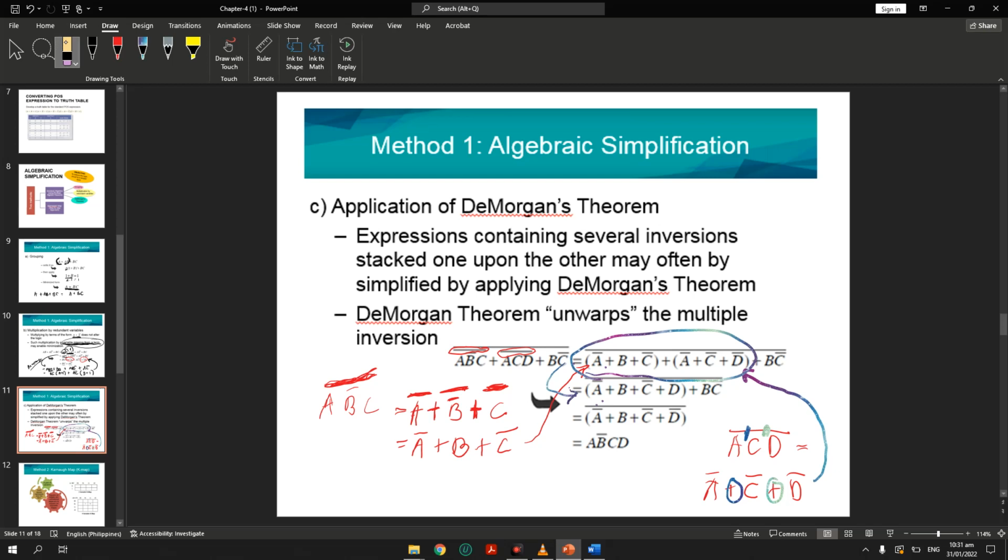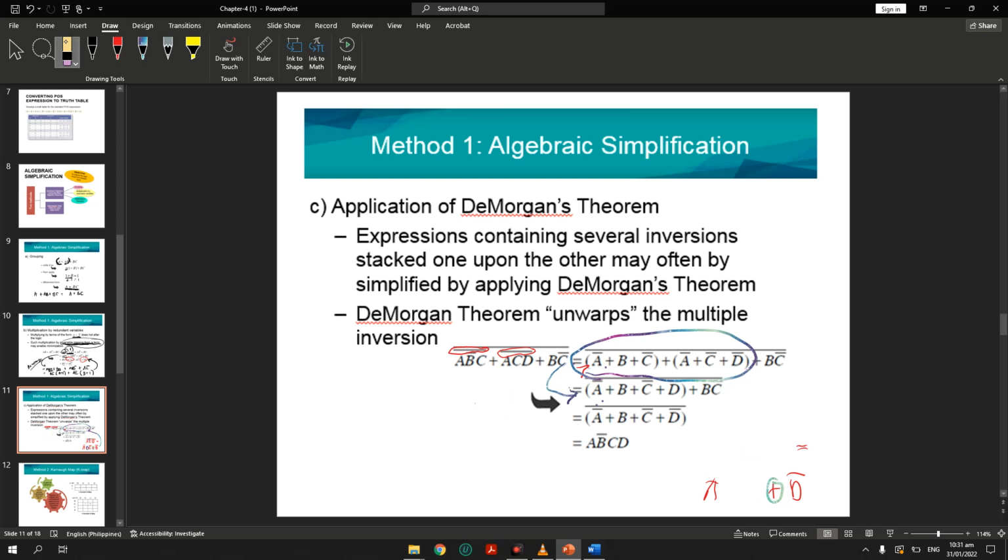Next, let us again simplify this one. So now we have A complement plus B plus C complement plus D plus BC.